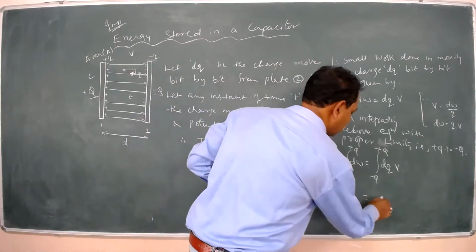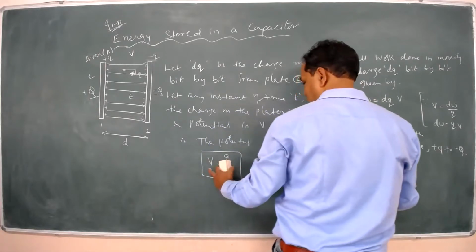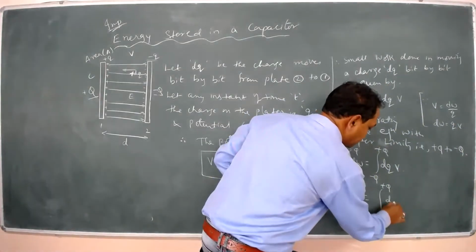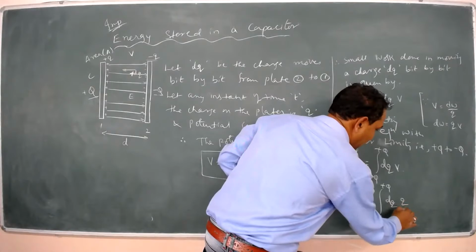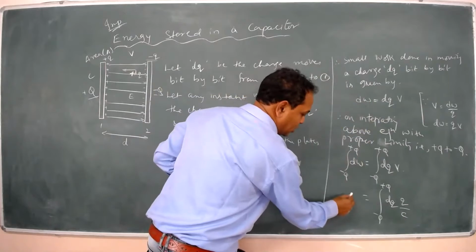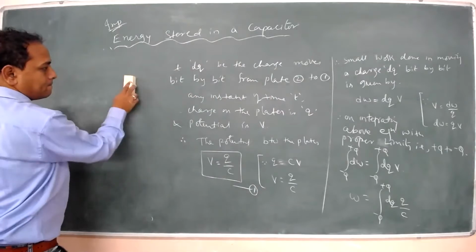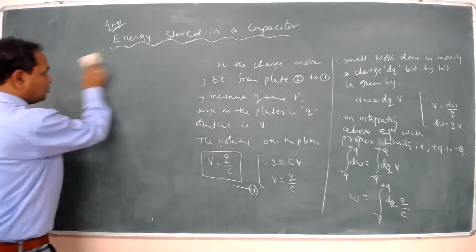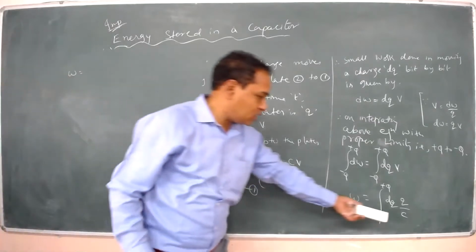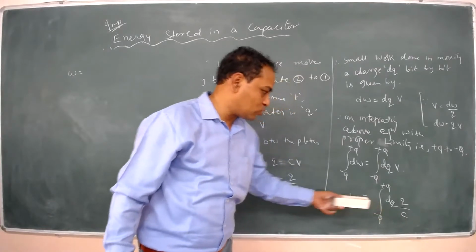Here V, from this equation, means Q by C. So I can write Q by C, and the entire thing I will call W. Now W is equal to 1 by C. Here 1 by C, the capacitance of the capacitor, is constant, so I will keep it outside.